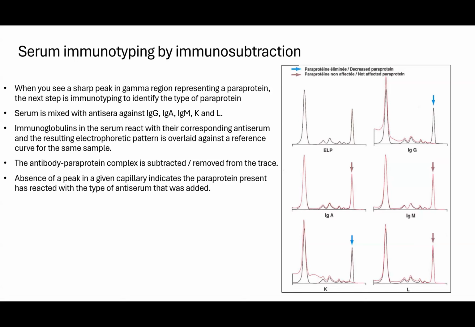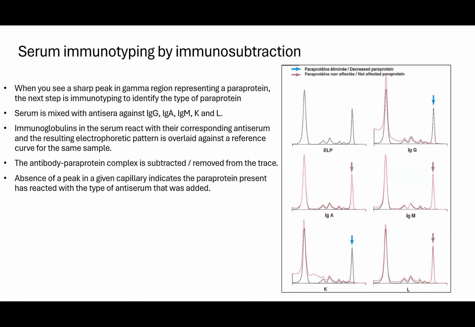As an example, in the picture on the right, you can see when the antiserum against IgG is added, the red peak disappears. So this disappearance, which is the subtraction of the immunoglobulin against the antiserum, indicates the presence of our paraprotein.